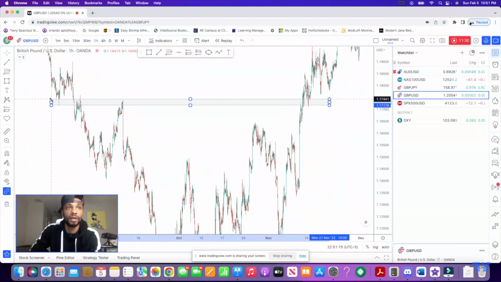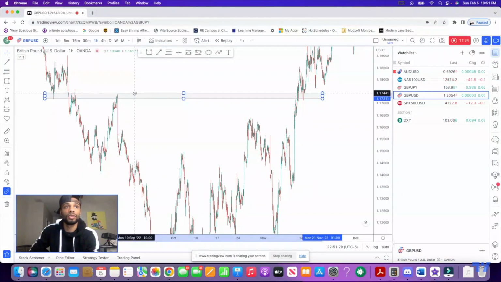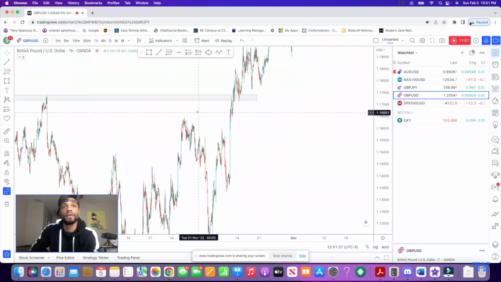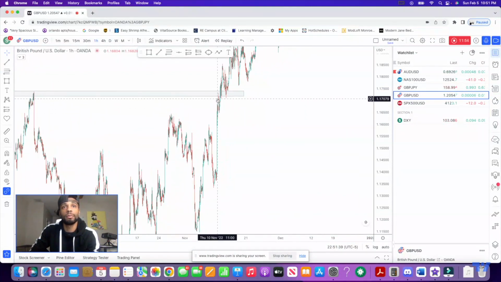Okay. All right. So you see here where we have support here, we have resistance. It shot through that zone, created resistance. You see how it tries to get through, but it cannot, right? Multiple times it tries to get through, but it cannot. Took a little while for it to come back.